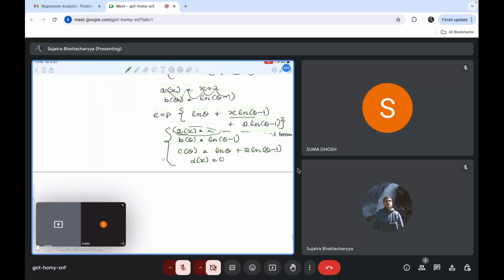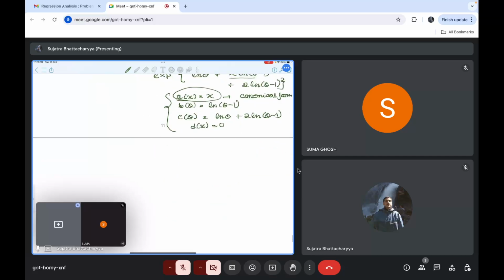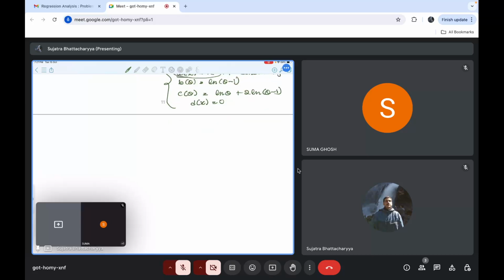Alright, so this is another question. Next is an important question. A similar kind of question you will get in the assignment, but it is from the practice set of questions I have taken. Here a random variable x has the following density function.